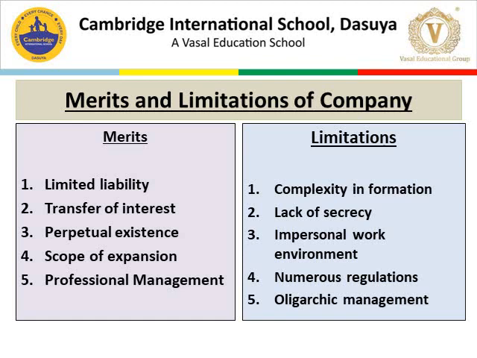Second, transfer of interest. It means shareholders can easily transfer their shares to any person at any point of time. There is no restriction on transferring shares from one person to another person. Number three, perpetual succession.